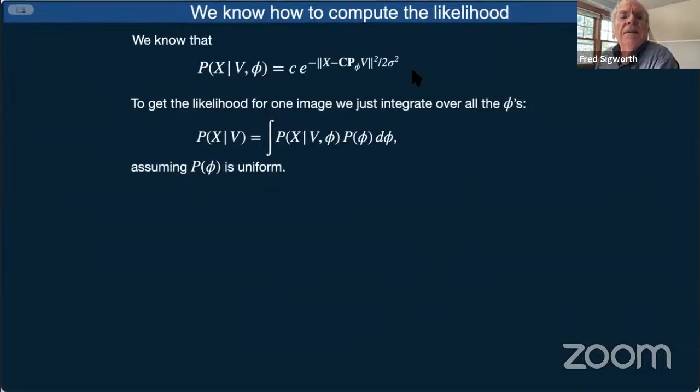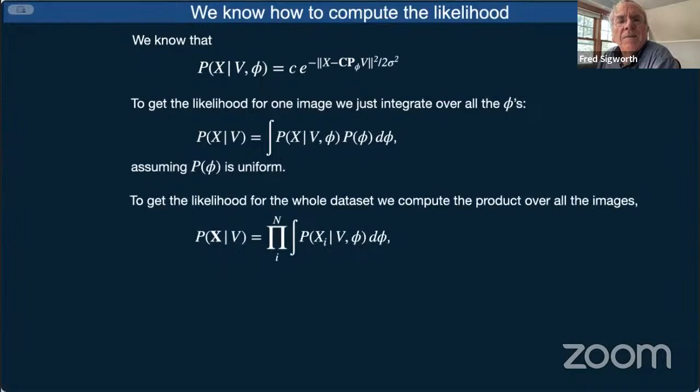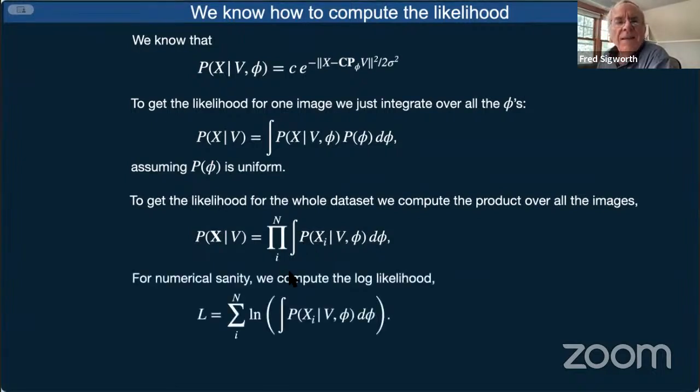So we start off knowing this: we know P of X given V and the projection angle. We're going to integrate it out. Then, because the noise in each individual particle image is independent, we can just multiply all of the probabilities together. And it turns out, for numerical sanity, because this is multiplying lots of tiny, tiny numbers, we actually compute the log likelihood, where we just take the log of that.